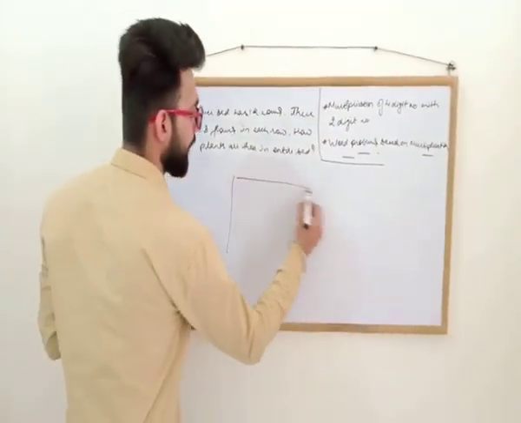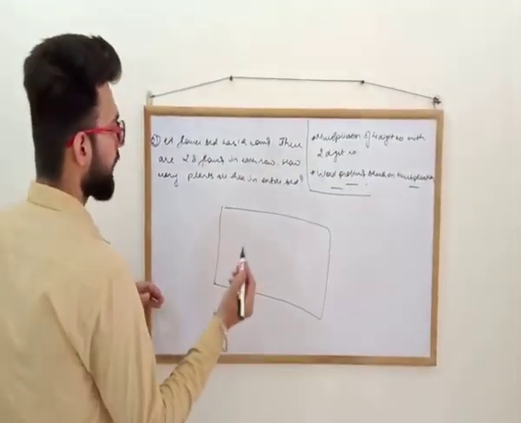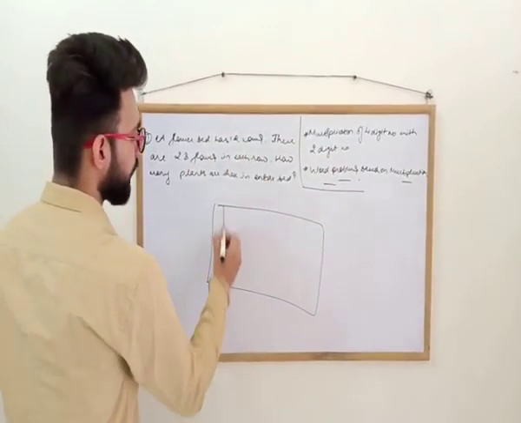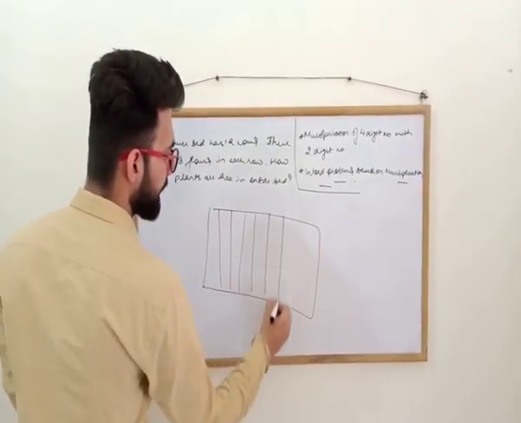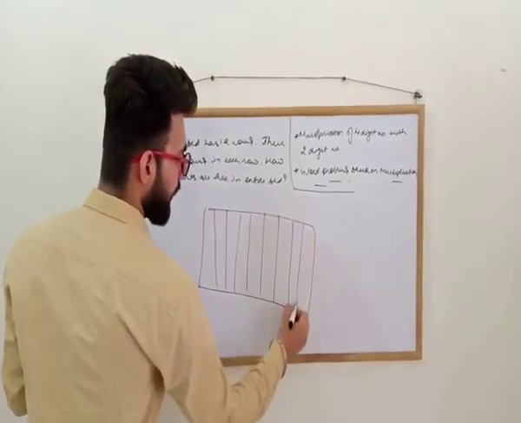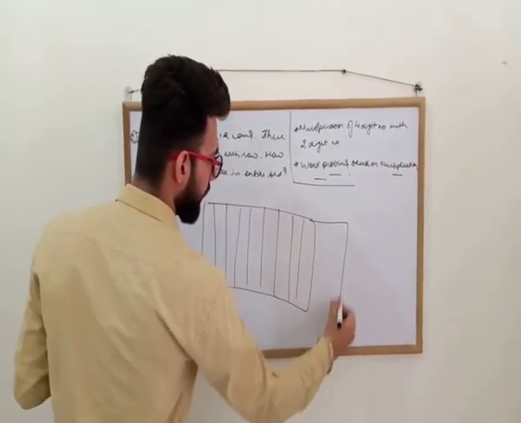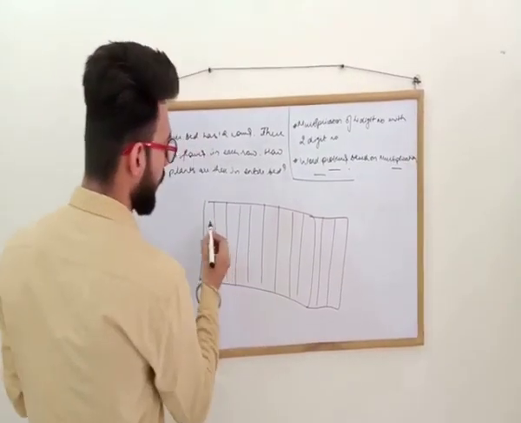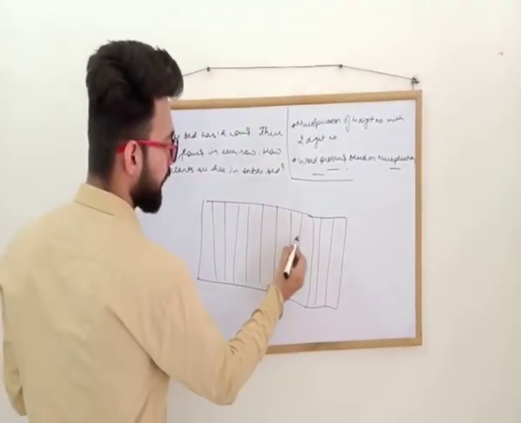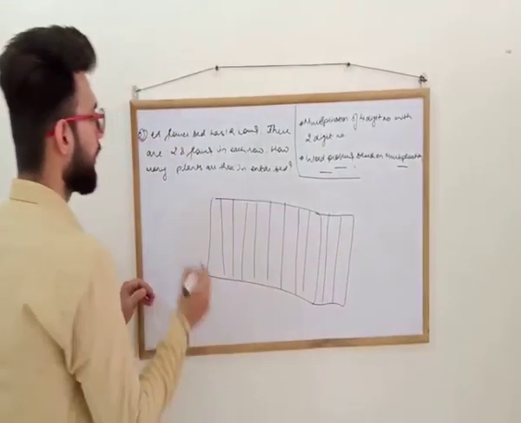Let's make a bed. Okay. How many rows? 12 rows: 1, 2, 3, 4, 5, 6, 7, 8, 9, 10, 11, 12. How many flowers?